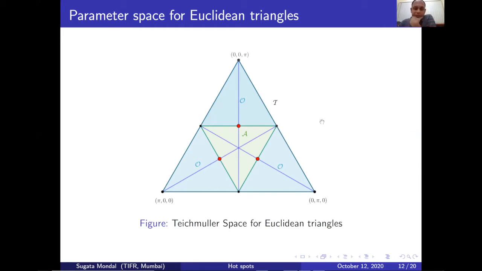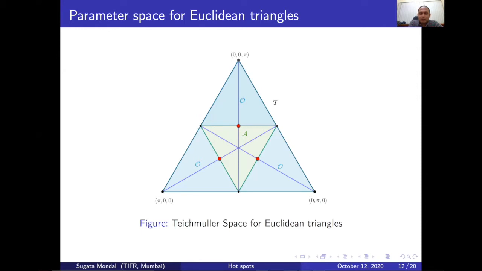So let me give you an idea of this parameter space of Euclidean triangles. If you take a triangle in the plane, then up to equivalence, that's basically homothety and isometries of R2, a triangle is determined by the three angles it has, say alpha, beta, and gamma.